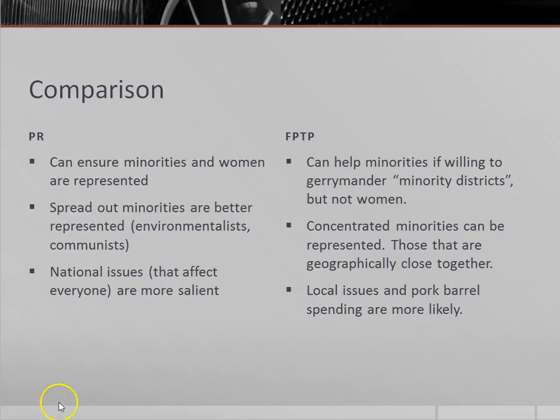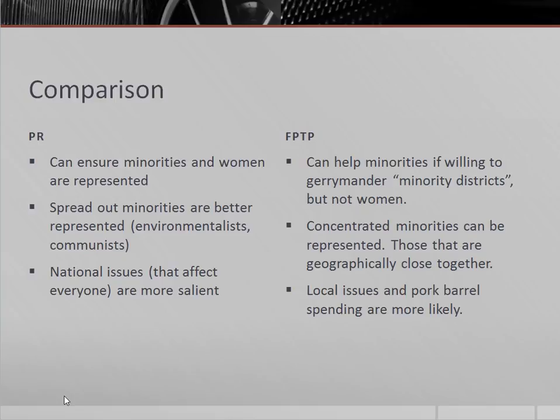You can't do as much in terms of favoring specific regions, whereas in first-past-the-post systems, local issues are often more likely. After all, if you think about a congressman in the United States, a congressman in the United States is dependent solely on his or her district for re-election. Whether people like him or her in another district is completely irrelevant to his or her electoral chances.